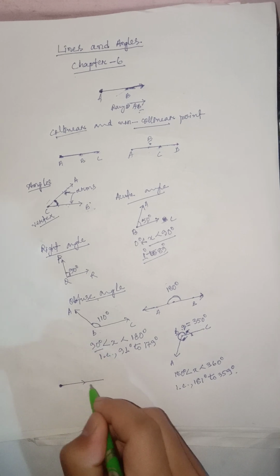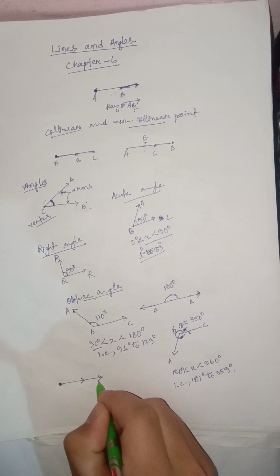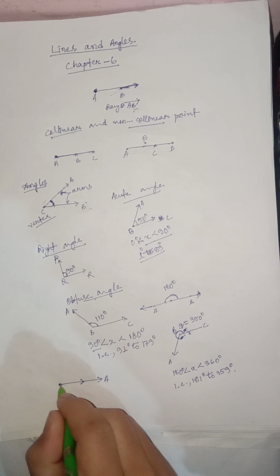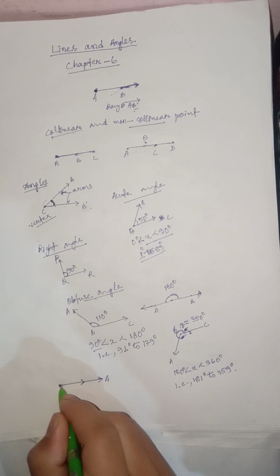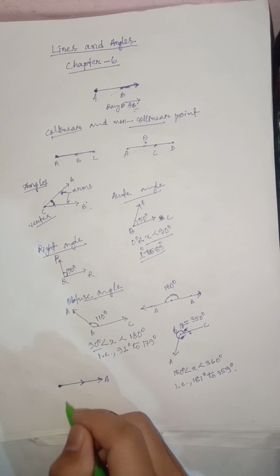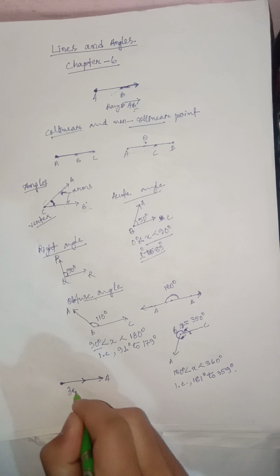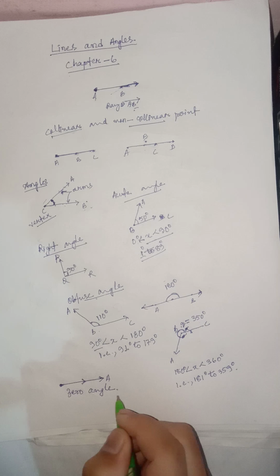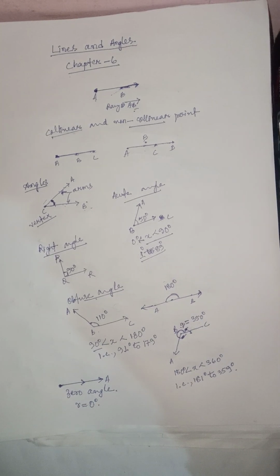Let us mark this as 1, and this as 2, and after that let us mark again this, and let me name it as A. With this kind of lines, whenever we measure the angle, what you will get is 0. So we call this a zero angle. The angle will be 0 degrees, right?